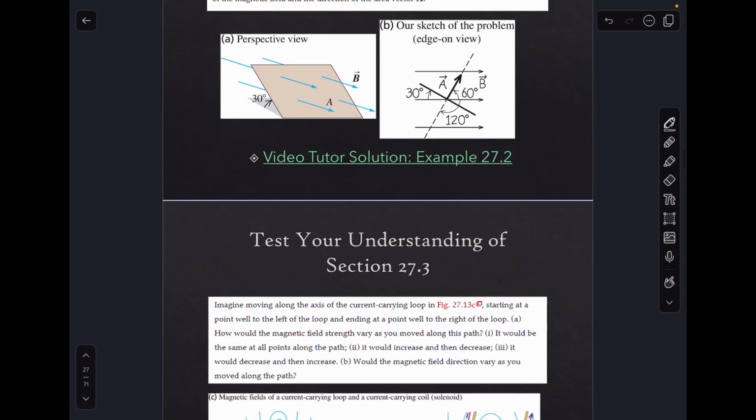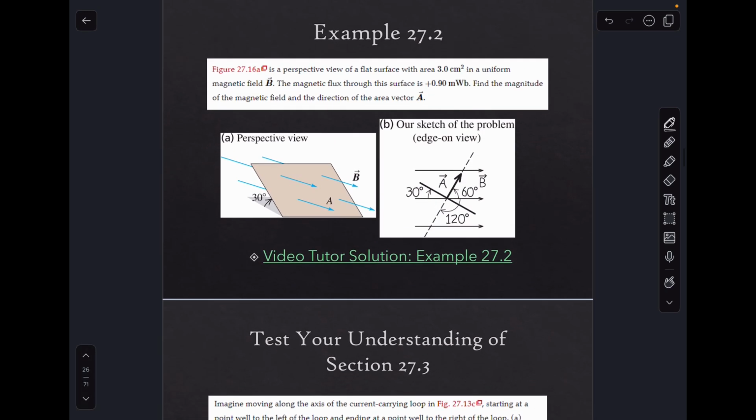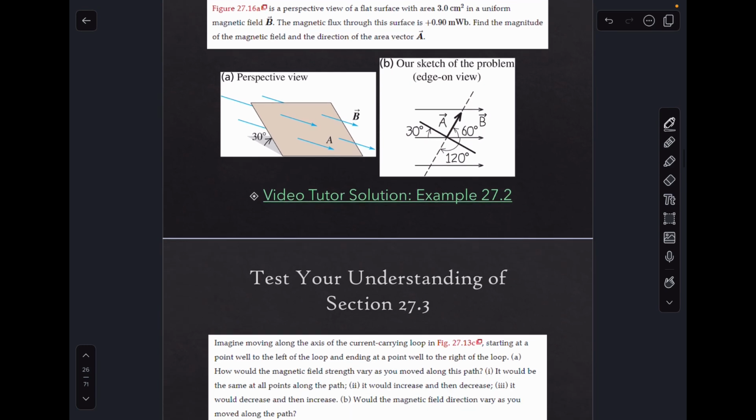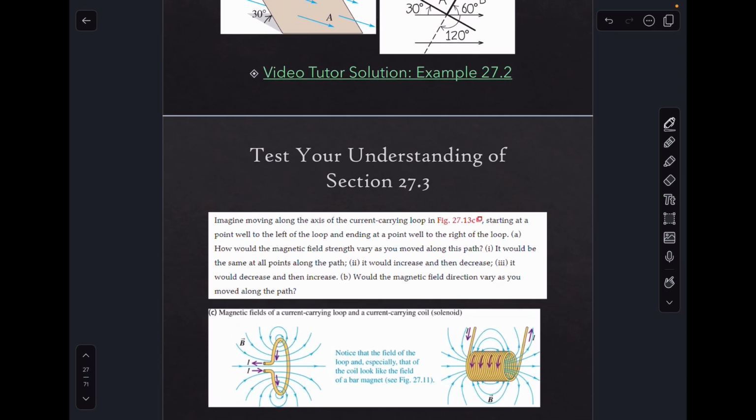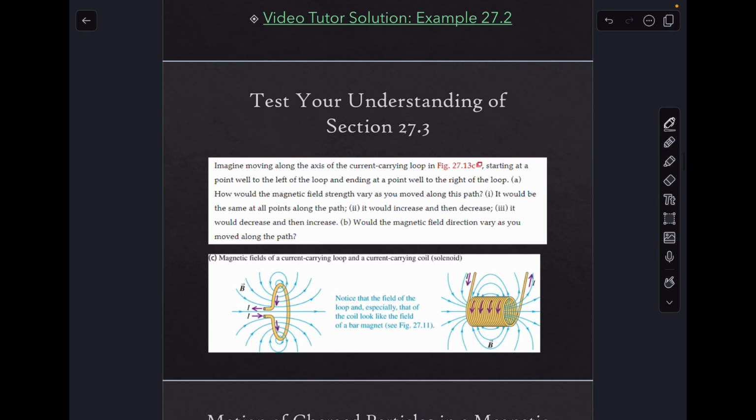You have to understand how magnetic field lines work in order to do flux, because flux is an operation of dotting or multiplying the B field vector and the area vector. So in this conceptual question, your knowledge and understanding of magnetic field lines is what's being tested.